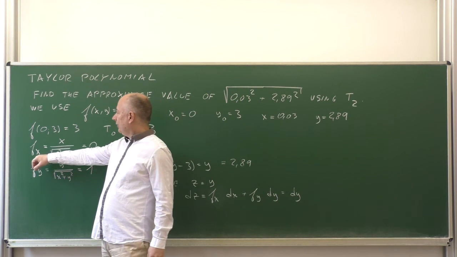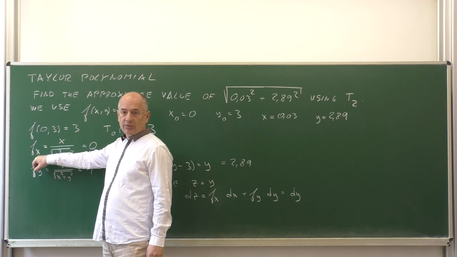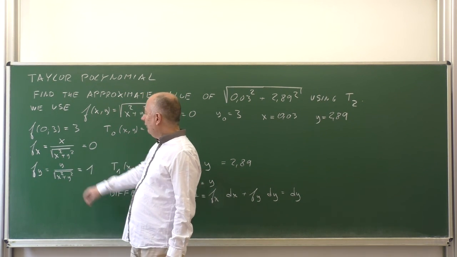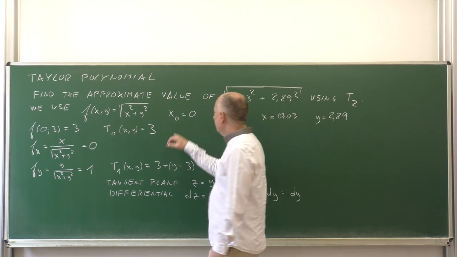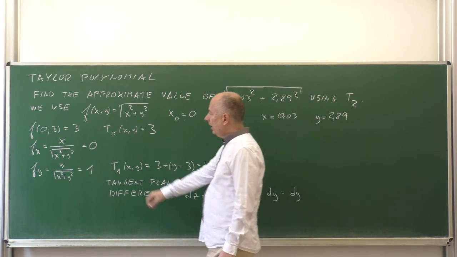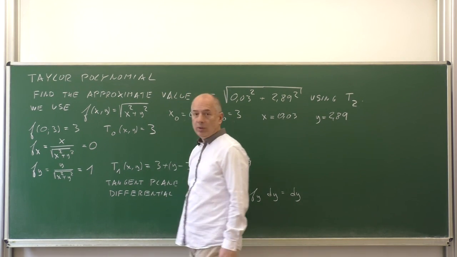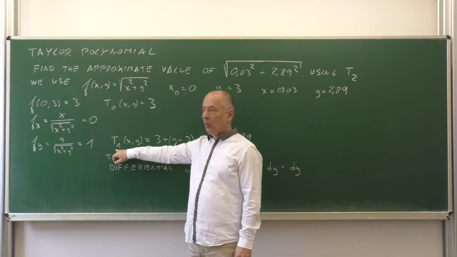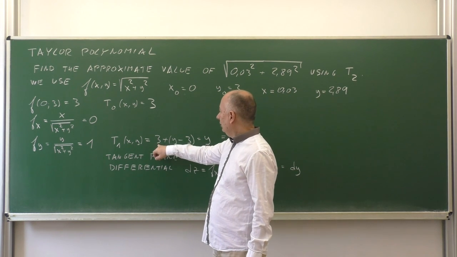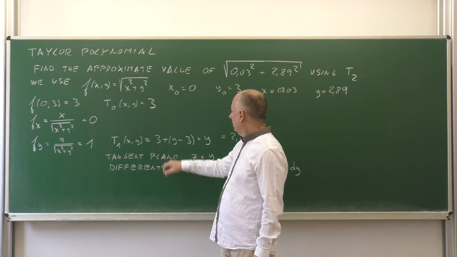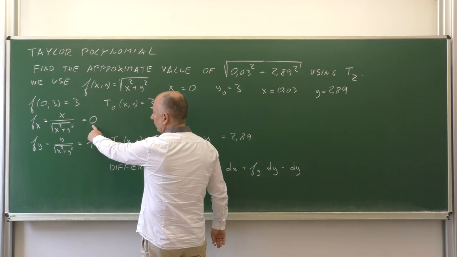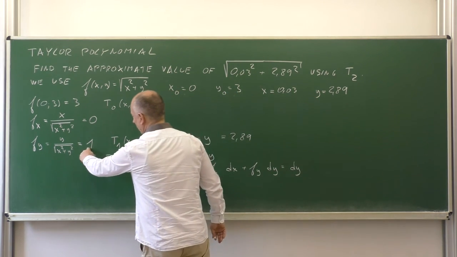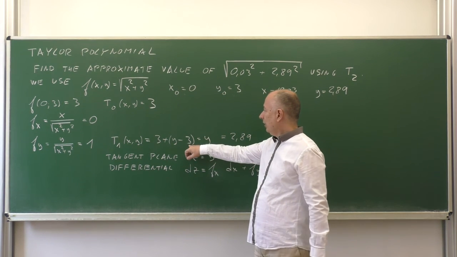We prepare the first derivative of the function with respect to x and the derivative with respect to y. Then we evaluate these derivatives at the point x0, y0, and we get these two values, 0 and 1. At this point, we can write Taylor polynomial of order 1, namely T0 plus 0 times x minus x0, which is 0, plus 1 times y minus y0.